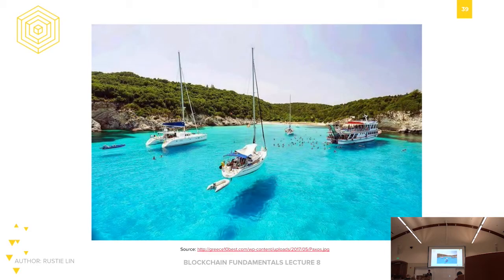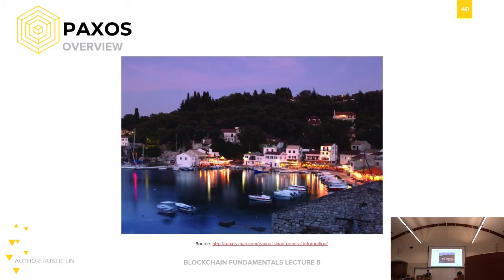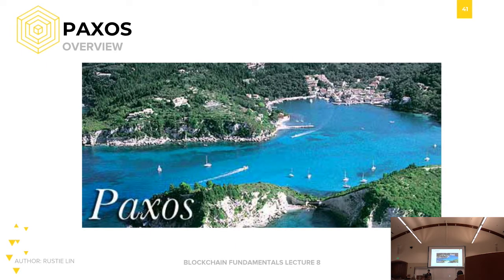So first of all, let's take a look at this really nice scenic photo that Rusty found, actually. So we talked a lot about these properties of distributed systems. They're all quite technical, but here I'm just going to tell you about the western coast of Greece. There's this island called Paxos, right? People come here for tourism, people come here for yachting, and a lot of other things.